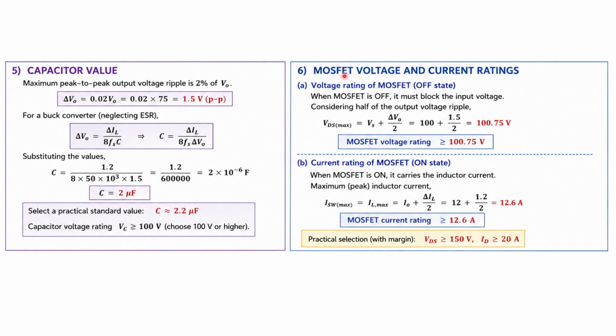Now we have to calculate what is the MOSFET voltage and current. MOSFET voltage rating. MOSFET voltage is the voltage across the capacitor, so what is the actual voltage? When you select a device we should consider the maximum voltage, and your MOSFET should be capable of handling that maximum voltage.